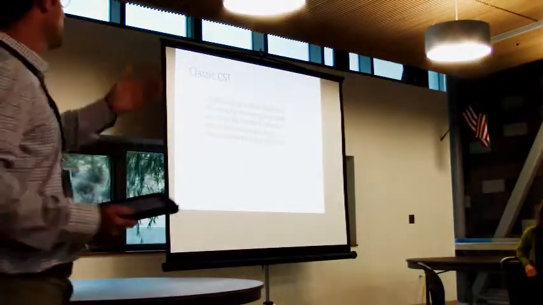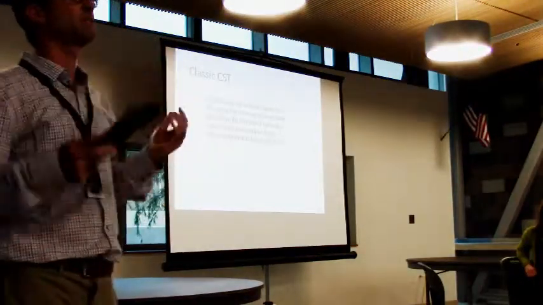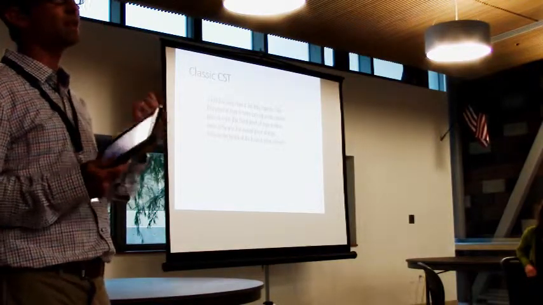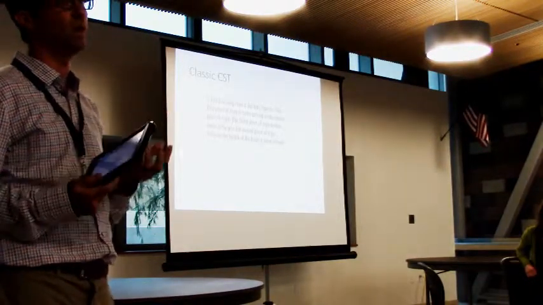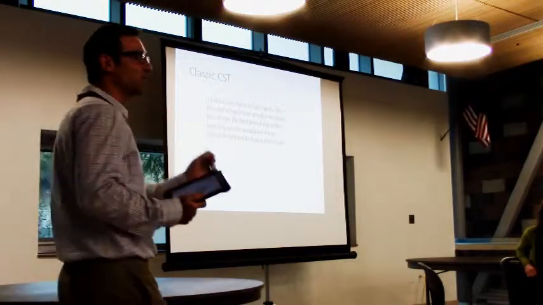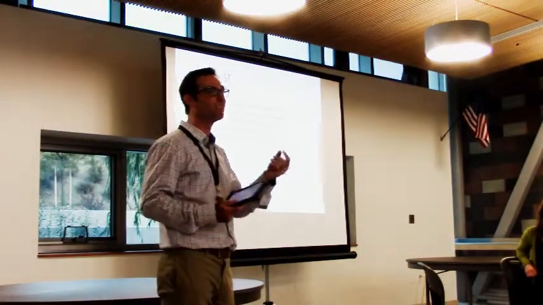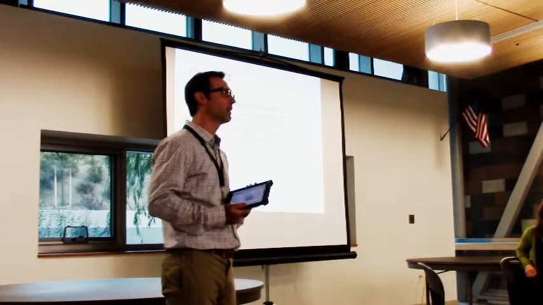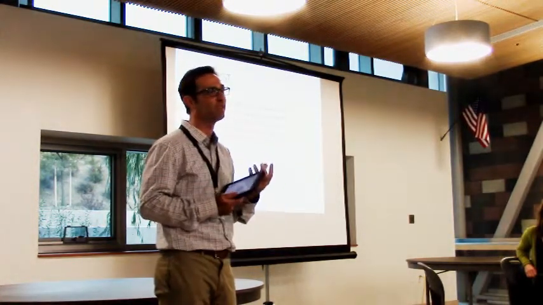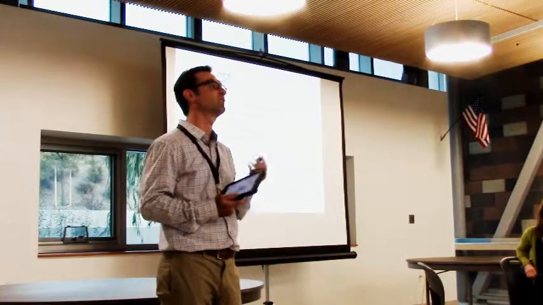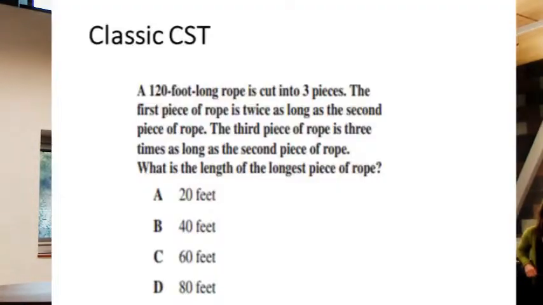And lo and behold, bingo, there you have it. We've completely circumvented the process. And so this is the kind of question we were trying to avoid. Now, it's not that that strategy is bad. It's totally great. The problem is that that wasn't the intention of algebraic modeling. So what we've got to do is write questions that actually force kids to use algebraic modeling instead of just saying, no, don't do it the easy way, do it the hard way, right? This is what we wanted to avoid.